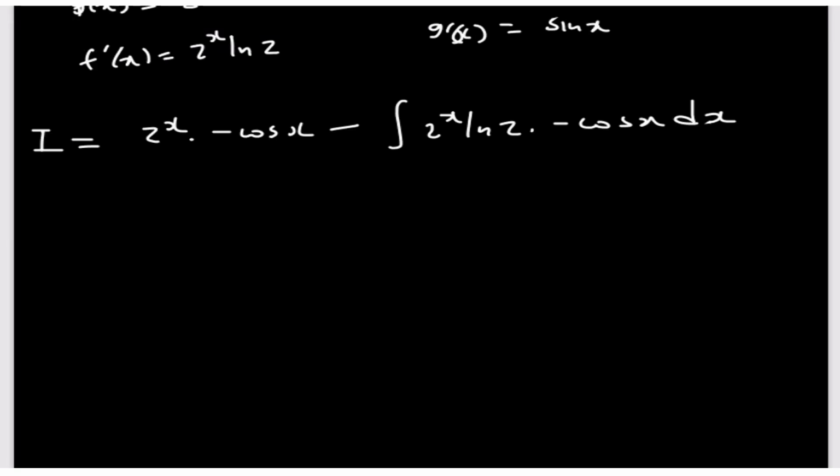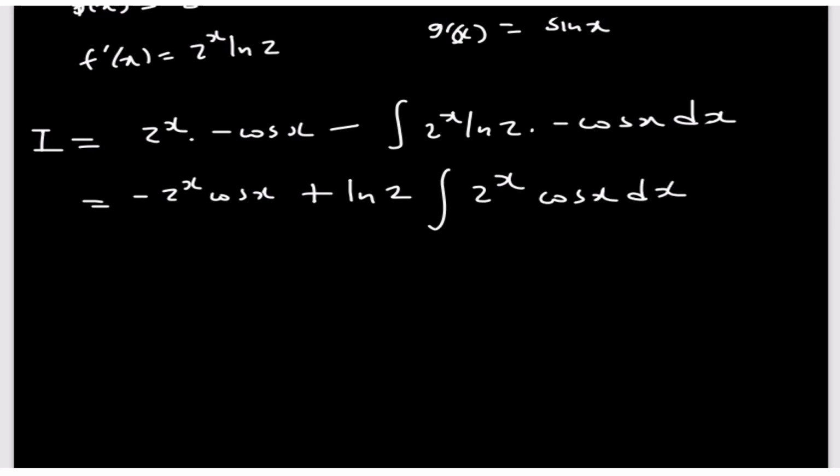Now let's solve. I can say minus 2^x cos x. This minus and this minus will be positive. ln 2 is a constant, I'll just take it outside. So now I'm left with the integral of 2^x cos x.